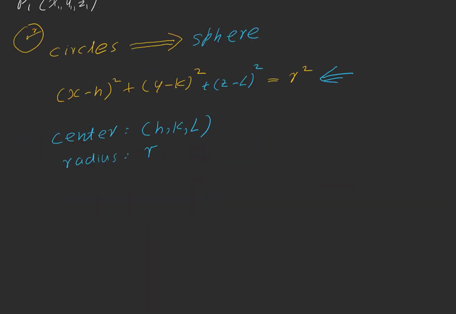Now let me explain an example using these concepts. Example. So I say find the standard equation of the sphere, okay, that has the points 5, -2, 3 and 0, 4, -3 as endpoint of a diameter.